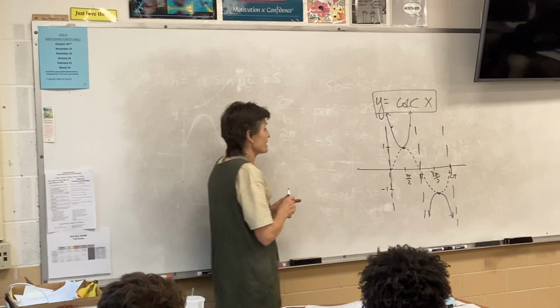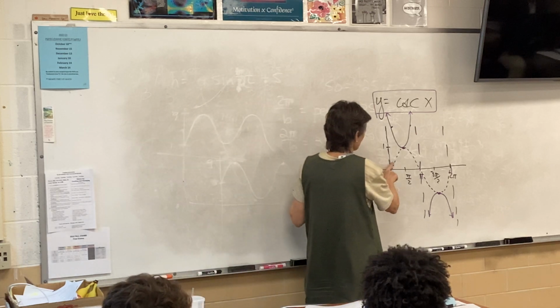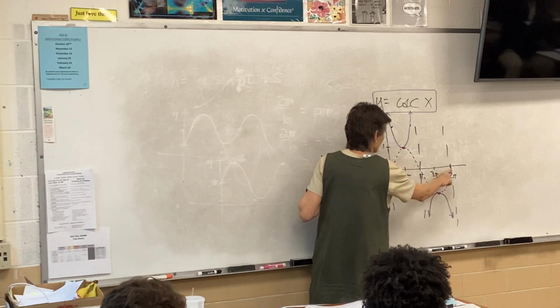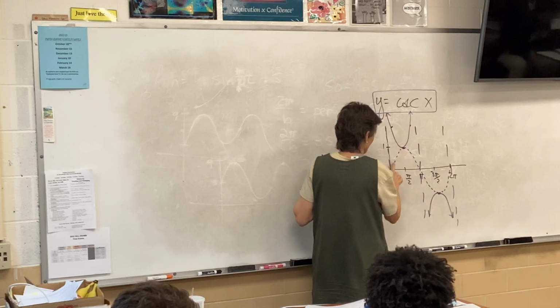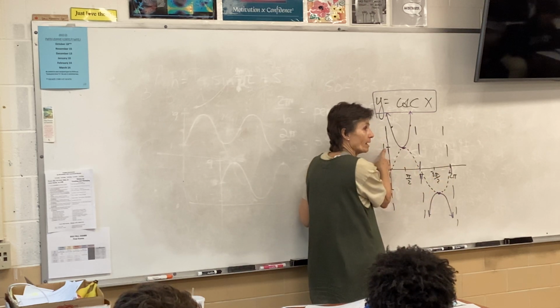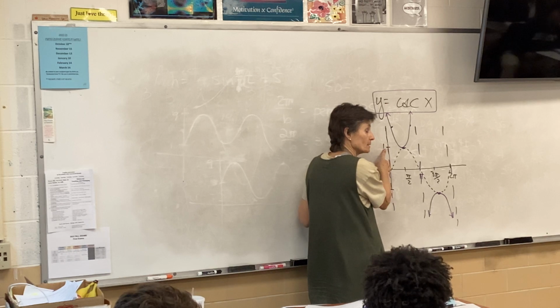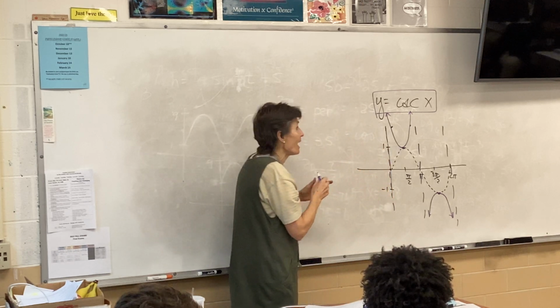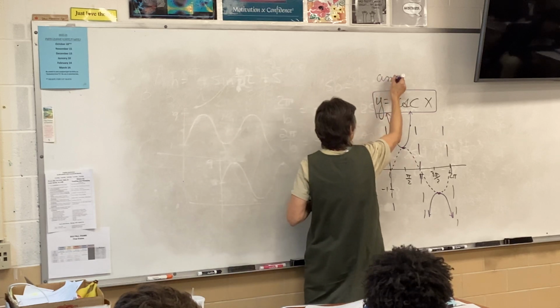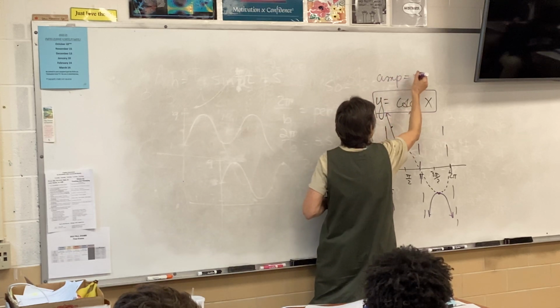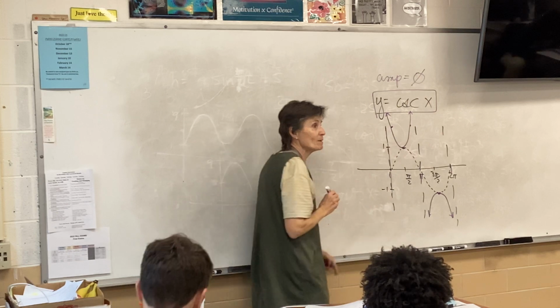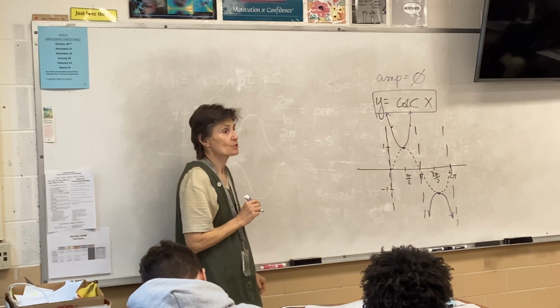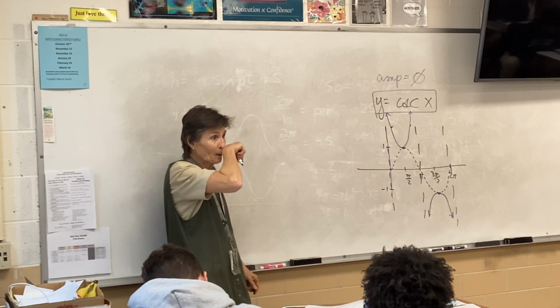What is the amplitude of our sine curve? Our regular straight sine curve has an amplitude of 1. The cosecant has no amplitude. Tell me why the cosecant has no amplitude.